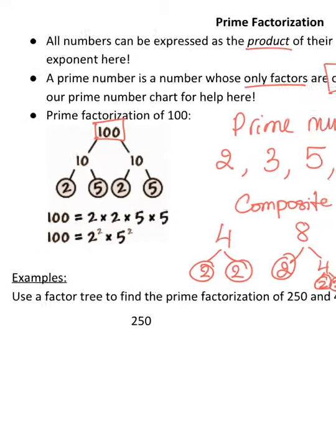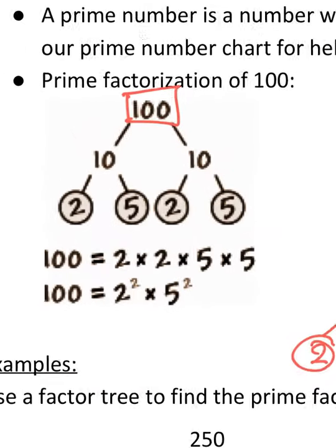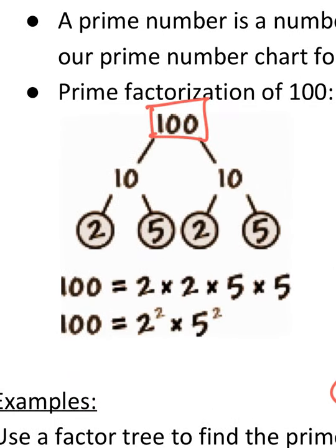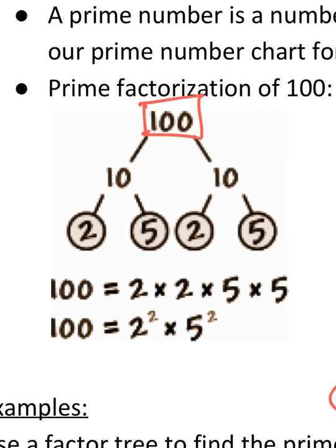So let's take a look at 100. 100 is a composite number, and I'm going to do prime factorization. 100, you divide it by 10, you get 10.